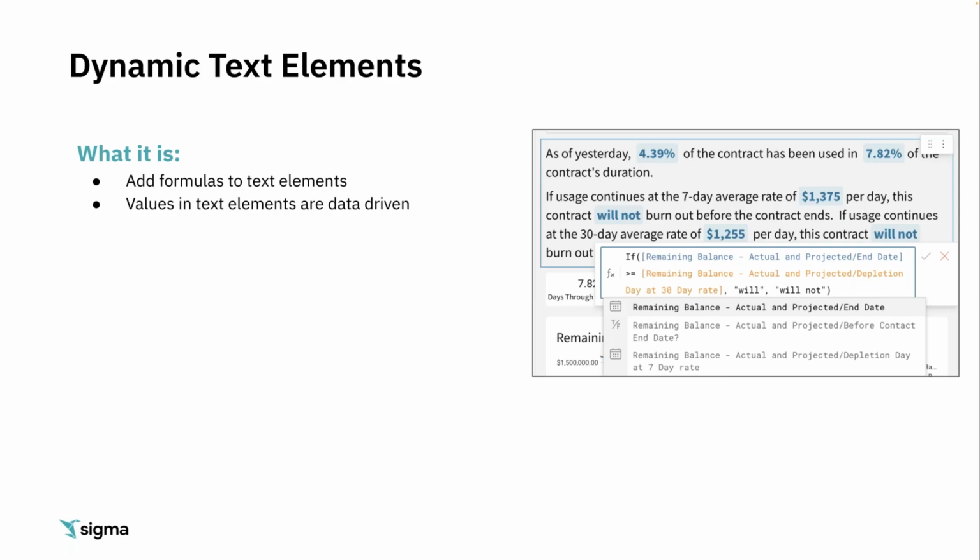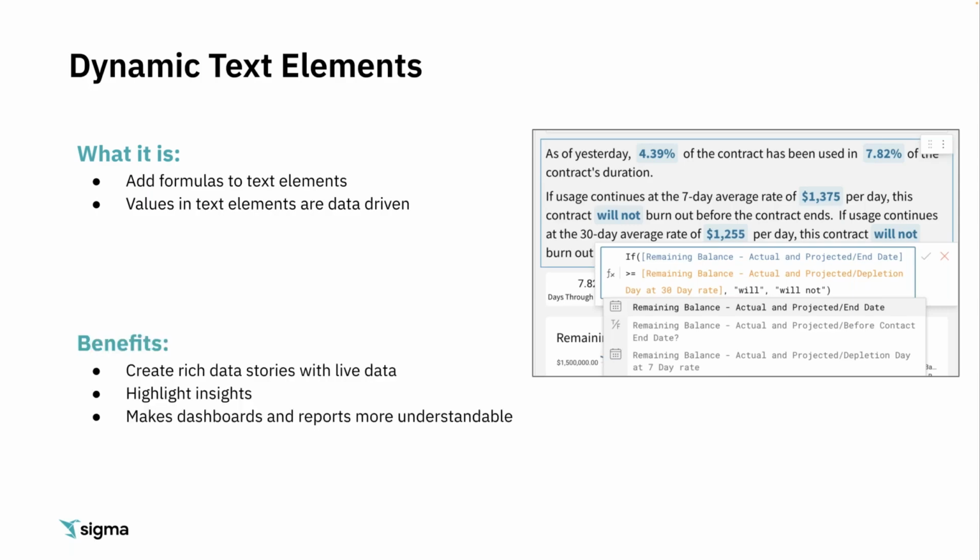So on the surface, that is the feature. And what's incredible is what you can do with this. You can create these data stories, highlight insights, and make your dashboards and workbooks more understandable. You can summarize the pertinent information.